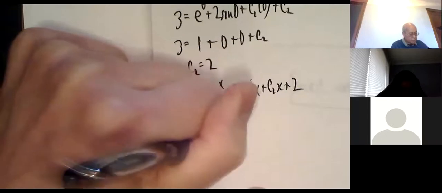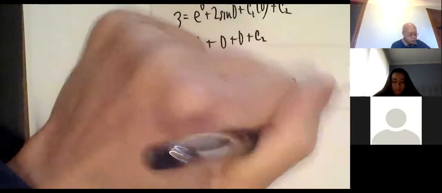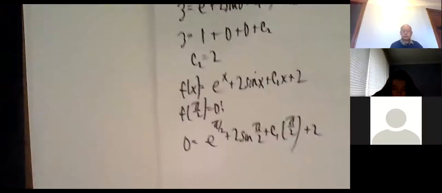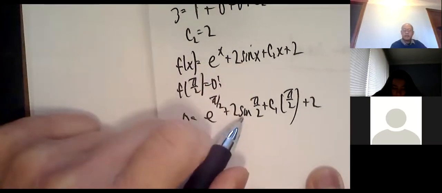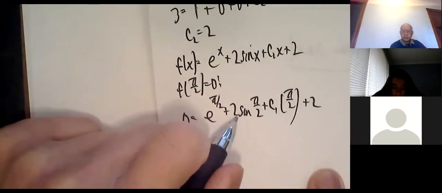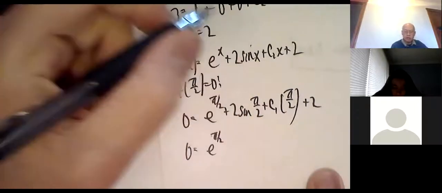So 0 is the answer when I plug in: e to the pi over 2 plus 2 sine pi over 2 plus c1 pi over 2 plus 2. Sine of pi over 2 is 1. So that's 2. 2 plus 2 is 4. So e to the pi over 2, very awkward, plus 4 plus c1 pi over 2.